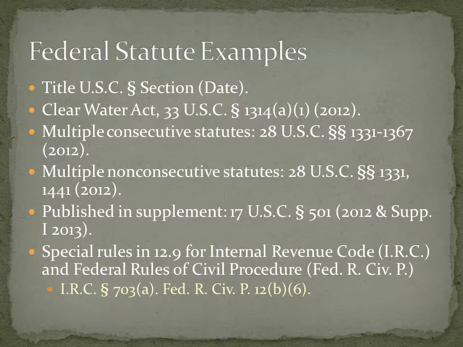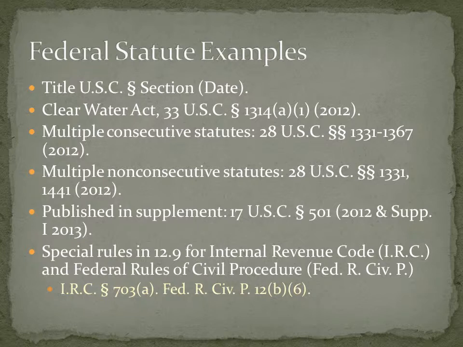Now for multiple non-consecutive statutes, you're still going to use the 2 section symbols, but then you'll separate the sections with a comma. Now we talked about the supplements before. You'll most likely need to refer to the original code as well and the supplement.